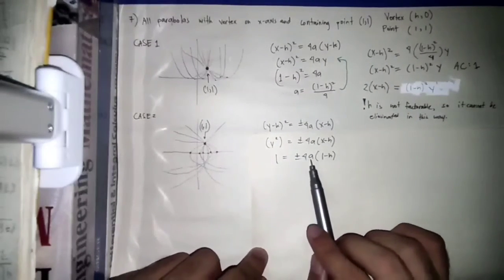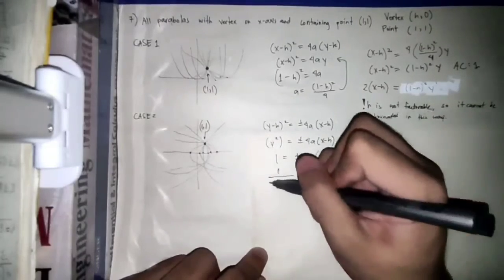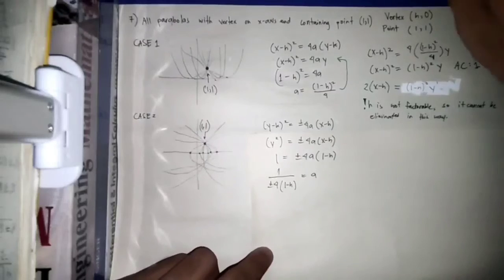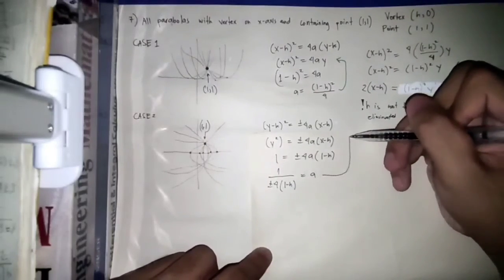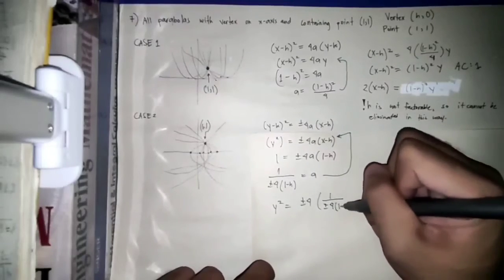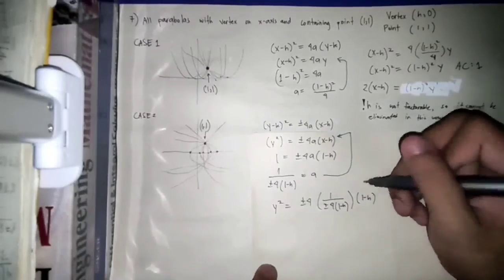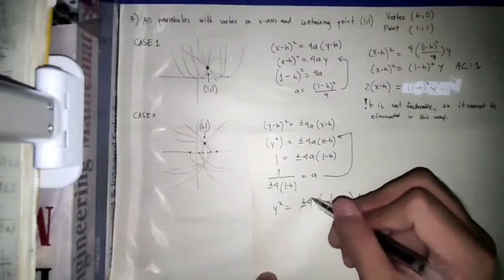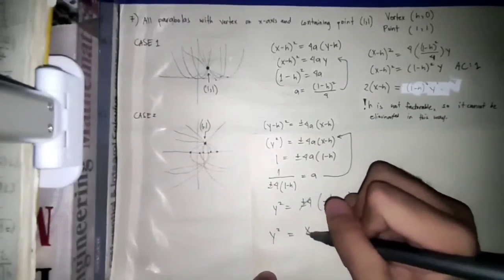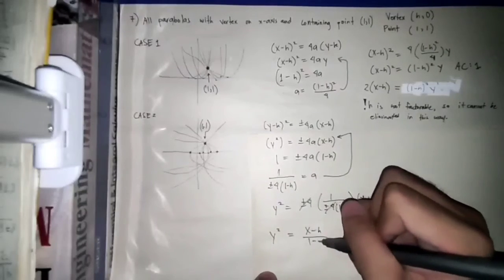Again, let us try to isolate a, and then let's substitute the value of a here. We can cancel out positive negative 4, giving us y squared equals x minus h over 1 minus h.